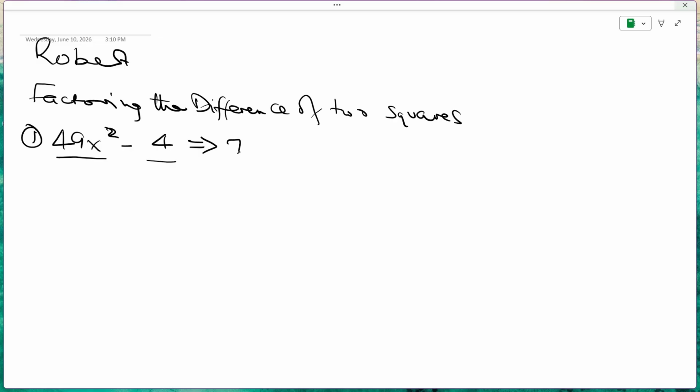This becomes 7x squared minus 2 squared. Now, whenever you have a difference of squares, it can be expressed in terms of two parentheses being multiplied together. And those two expressions are conjugates to one another.